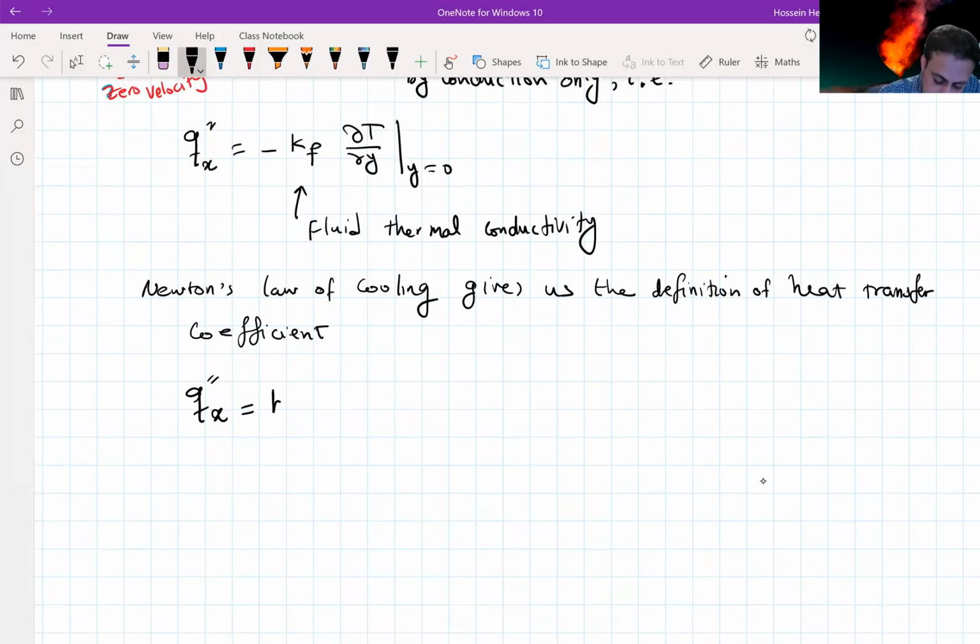Then by Newton's law of cooling it is going to be hx times (Ts minus T infinity).